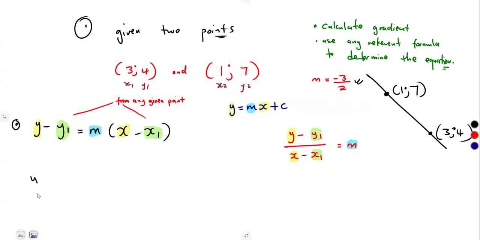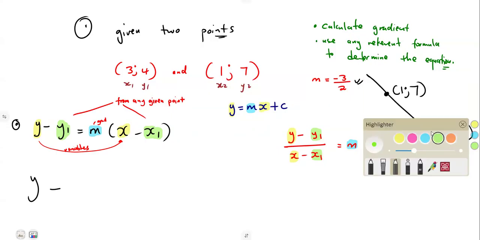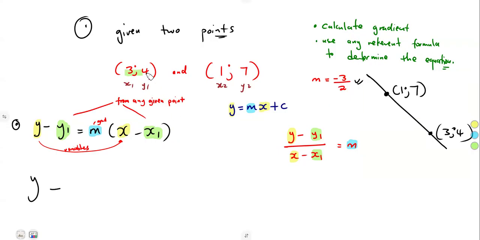So that is it. Like I said, x and y are variables, guys. You cannot replace these, just write them as they are. Our m is our gradient, remember. So that's y, our variable, minus y1. In this case, I'm going to use the first point, so you replace that first point.